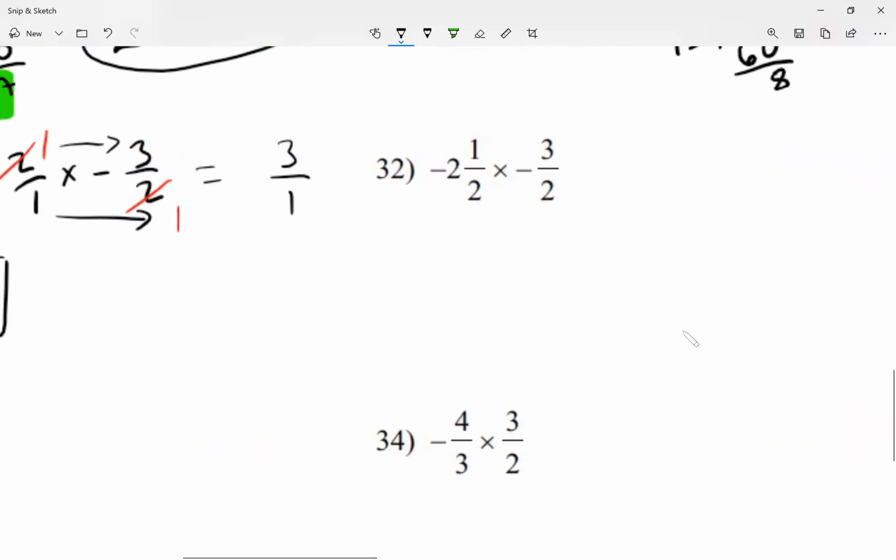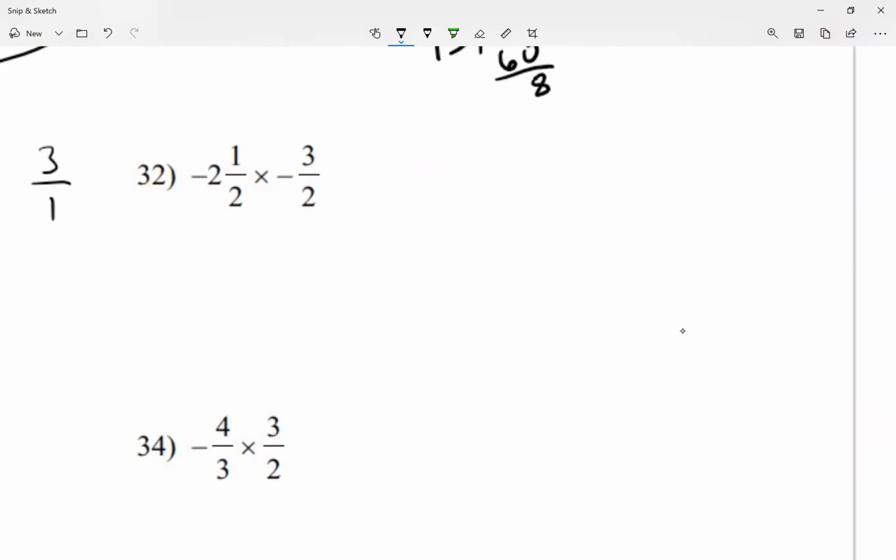Take a look at question number 32. Let me write this as -5 over 2. Remember the way I came out with the 5, because I multiplied 2 times 2 and added the 1. So it's -5 over 2 times -3 over 2. I cannot simplify, right?